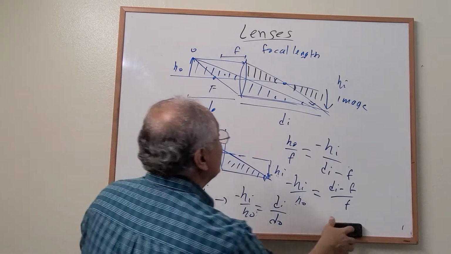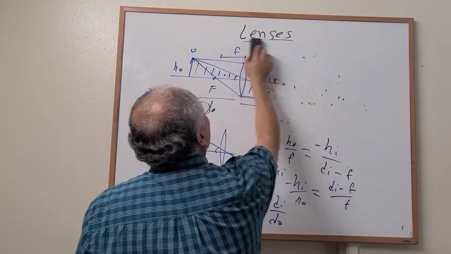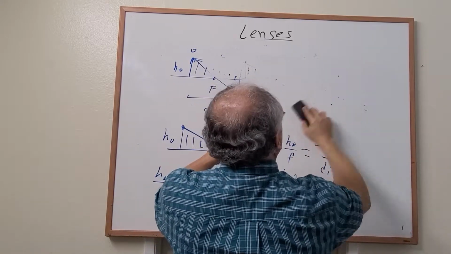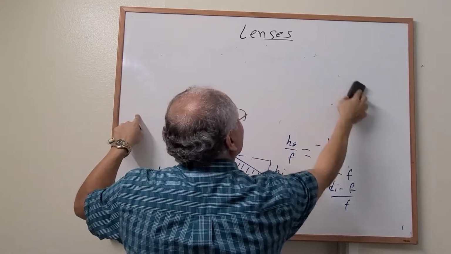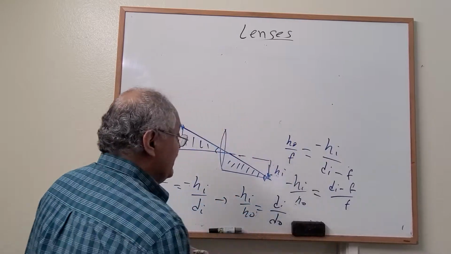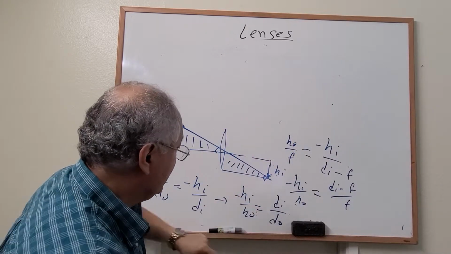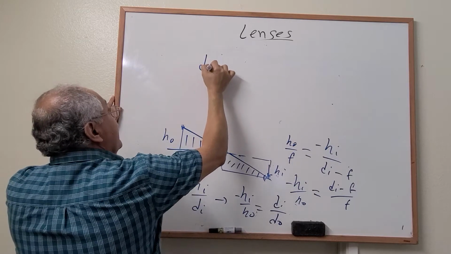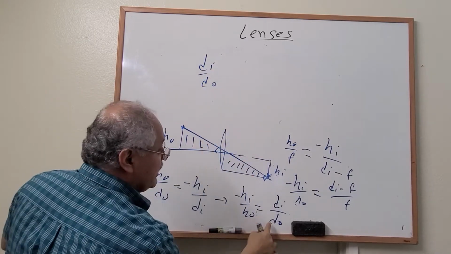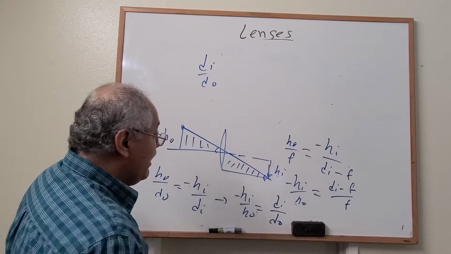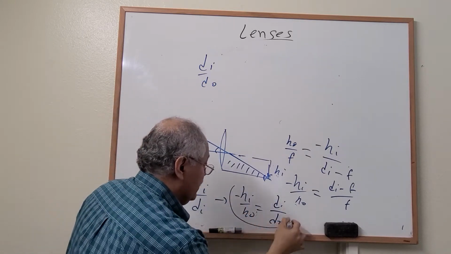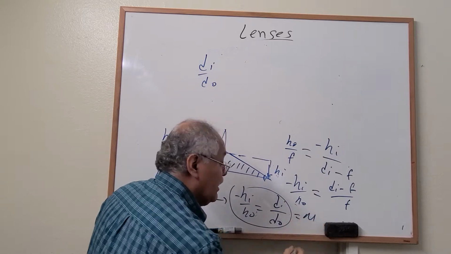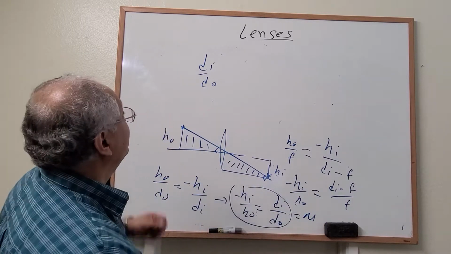Okay, let's do it. Perfect. Now let's try to relate those two quantities, correct? And then we have DI over DO, which is this one right here, must be equal to, by the way, also this one. This quantity is called magnification, okay? It's also called magnification, okay, perfect.